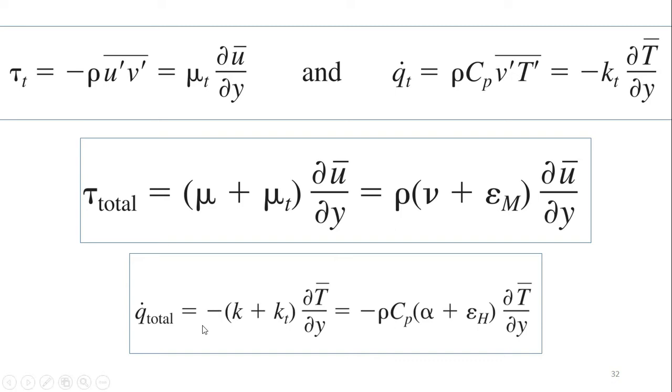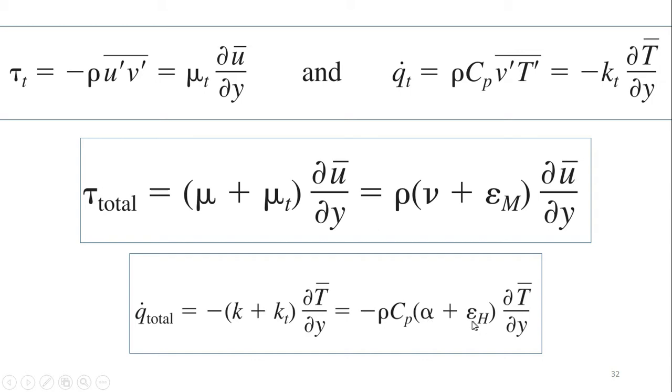Similarly, the total heat transfer can be expressed by this expression, and if we take the density and the heat capacity common from these terms, it becomes alpha and epsilon h.